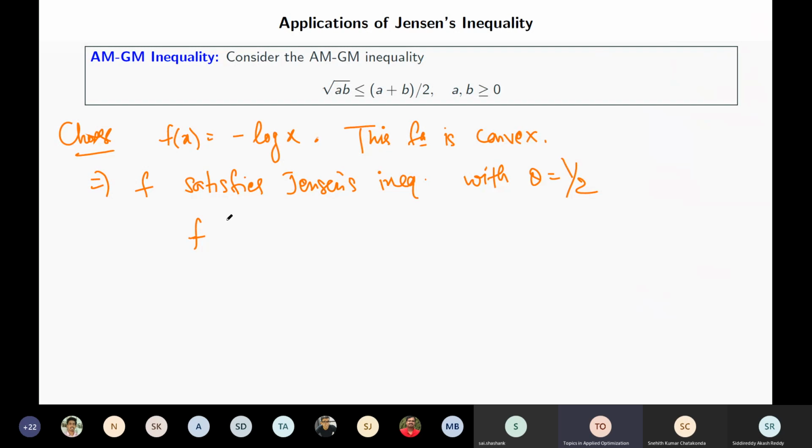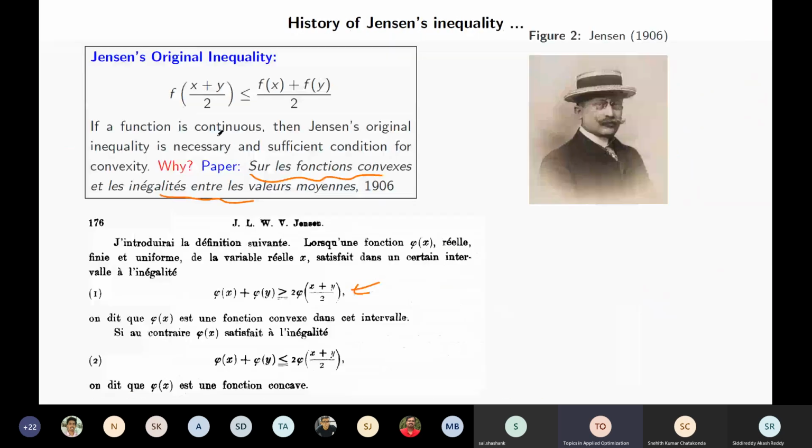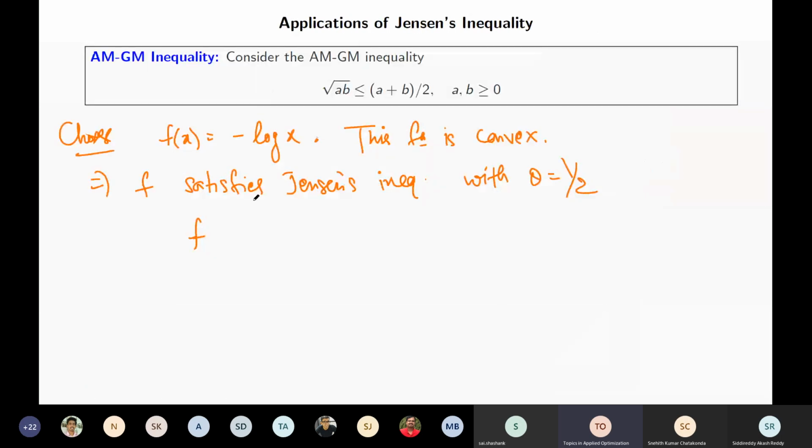So what this says is f of (x plus y) by 2 is less than or equal to (f x plus f y) by 2. In our case, x and y are a and b. So f of (a plus b) by 2 is less than or equal to half of f of a plus f of b. Okay, so this is Jensen's inequality.